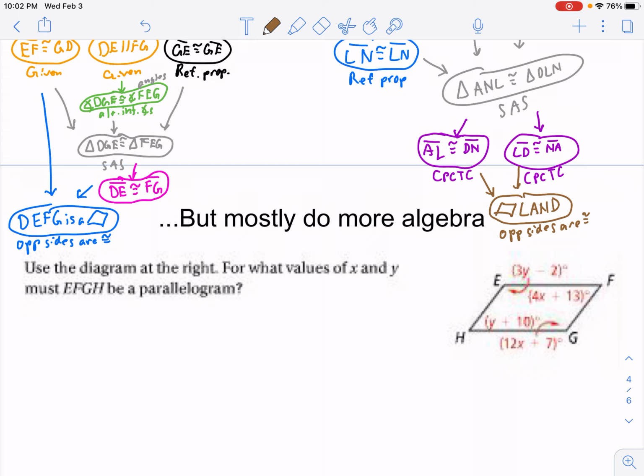So why don't you take a moment and find out what x and y happen to be, so that they make EFGH a parallelogram.